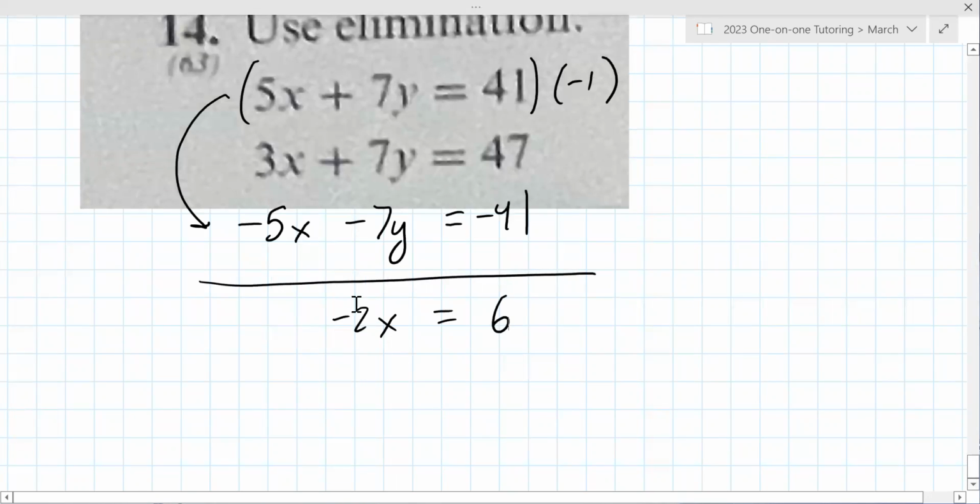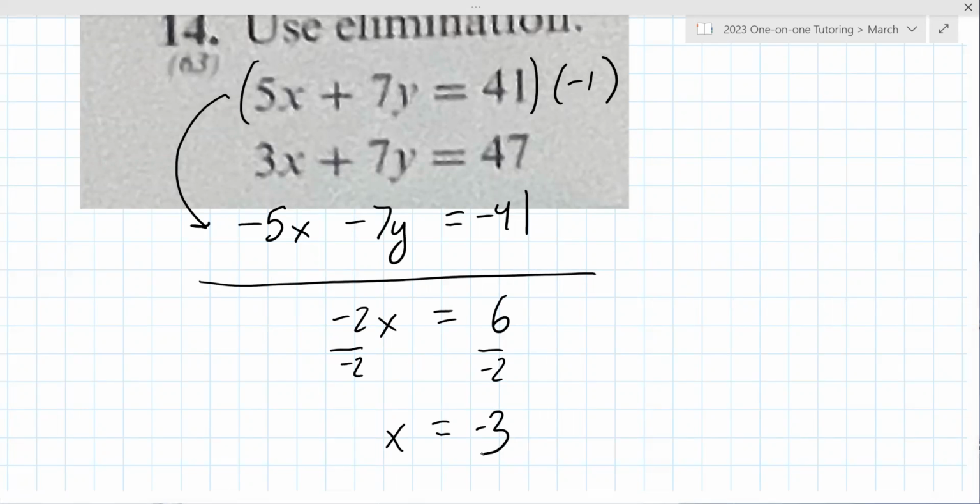All right, so what does this become? What is the value of x? -3. -3, good. Unfortunately, there's not a good equation to go back to. They're both equally bad. So you just pick one.